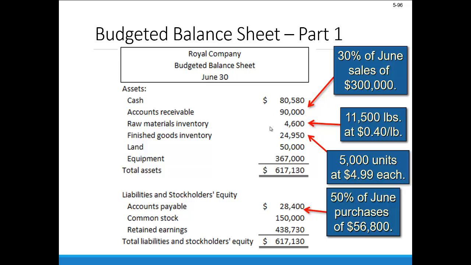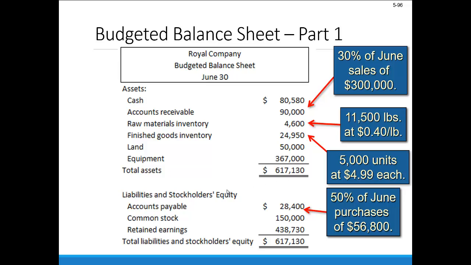We've got raw materials inventory from our materials budget, $4,600. We've got the finished goods inventory from that budget, $24,950. We've got the land we just spoke of for $50,000, and the equipment that includes those 2 equipment purchases we were planning for in this upcoming period. So total assets of $617,130.